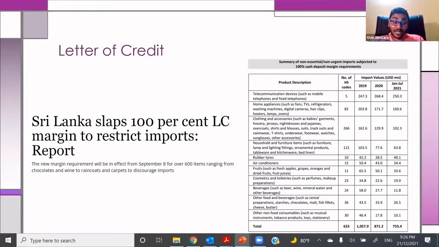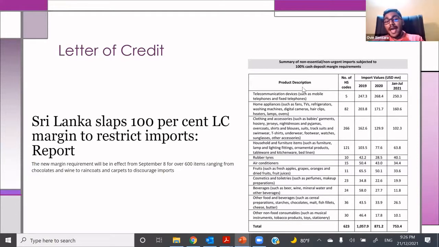We don't have any foreign currencies in the country, and the Sri Lankan currency is going out of the economy excessively in different ways. In order to restrict the imports and block the depreciation of our local currency, the government made the decision that whenever a letter of credit is requested, you need to pay 100% of the value to the bank, and only then can you get a letter of credit.